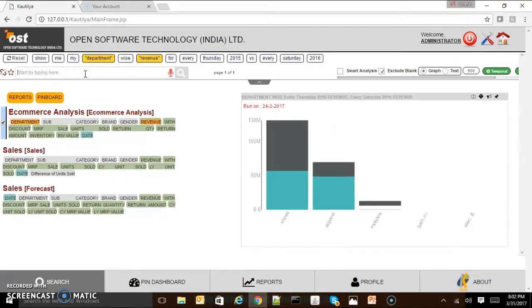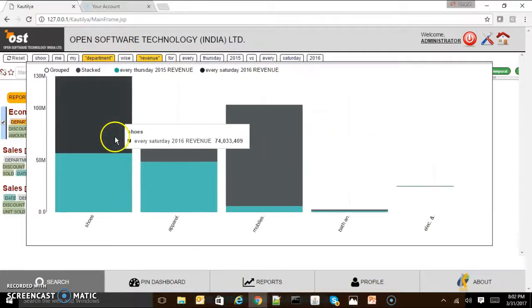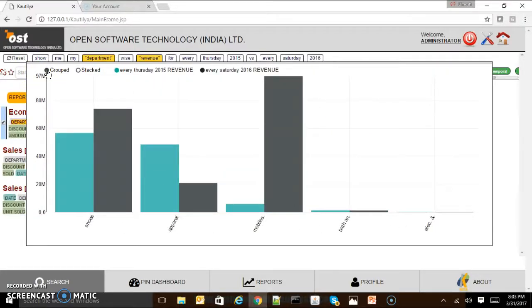So now it has to see whether it can calculate, and it does. It actually calculates that for every Thursday of 2015, what's the kind of revenue I'm getting, and then on Saturday. So now you see how much the trend has changed.